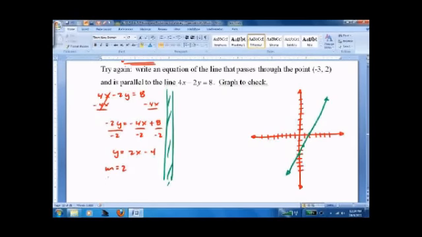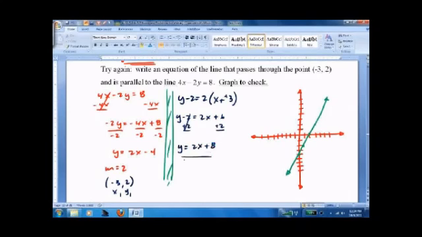m equals 2 and the point is (-3, 2). Call that x1, y1. y minus 2 equals slope 2 times x minus negative 3, which becomes plus. y minus 2 equals 2x plus 6. Add 2 to both sides. y equals 2x plus 8. 1, 2, 3, 4, 5, 6, 7, 8.